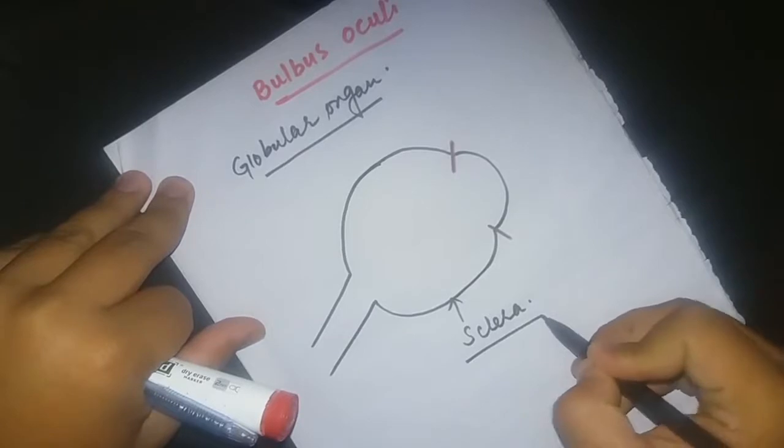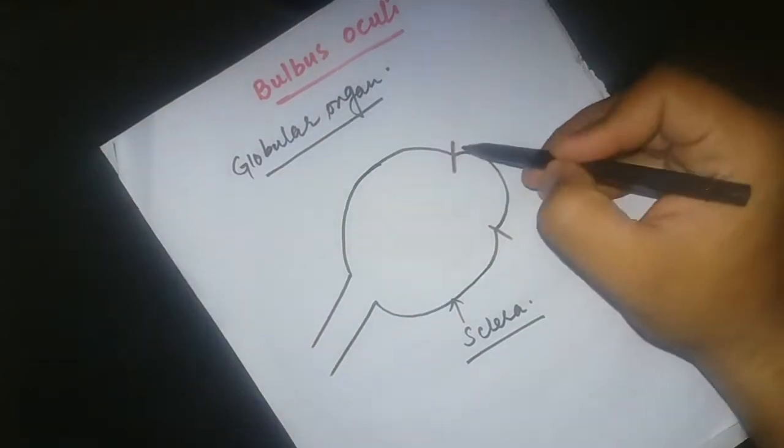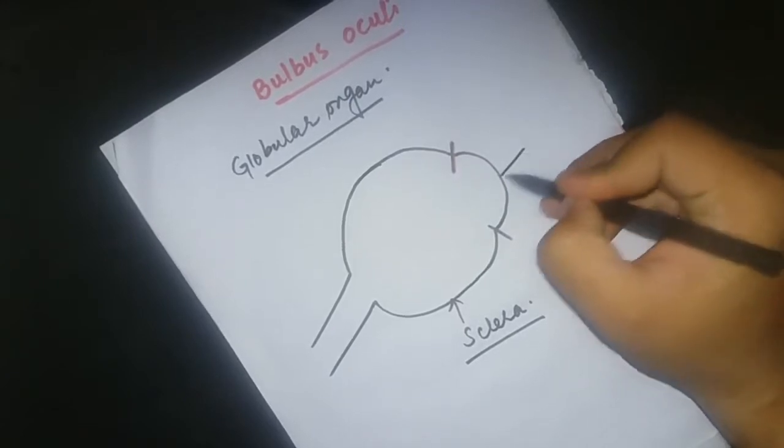I will tell you just the basic information about the structure of the eye. Later on I will go into detail and discuss every part of the eye. So this layer is called the sclera. Now this part of the eye, except sclera, is known as the cornea.